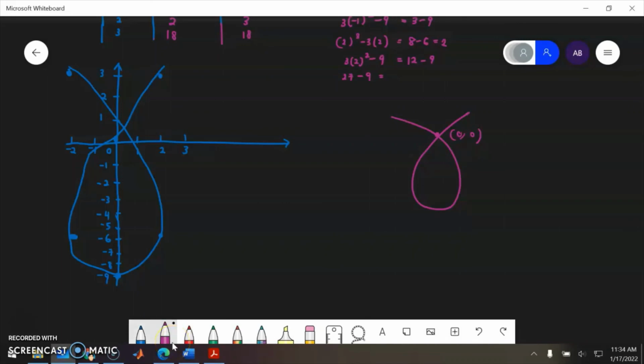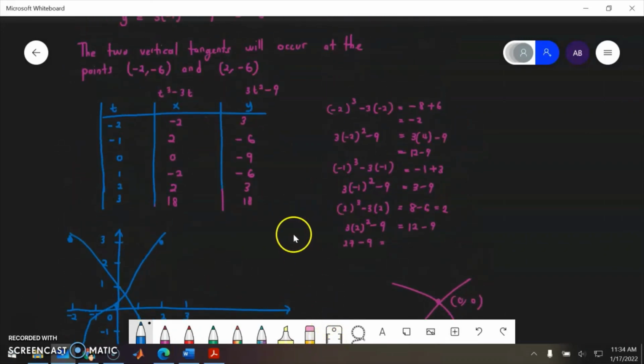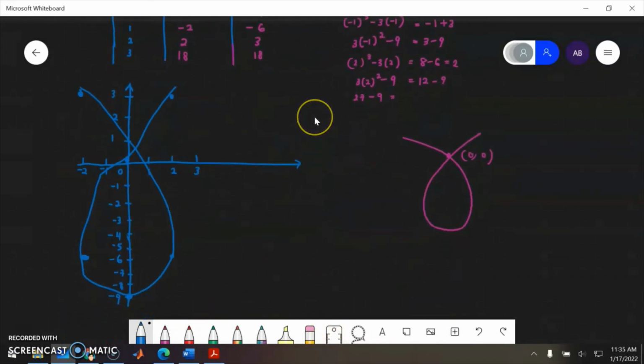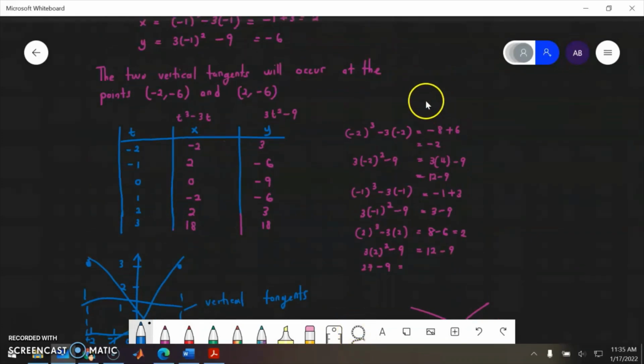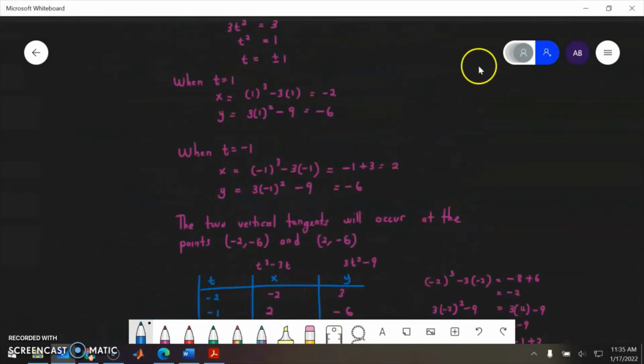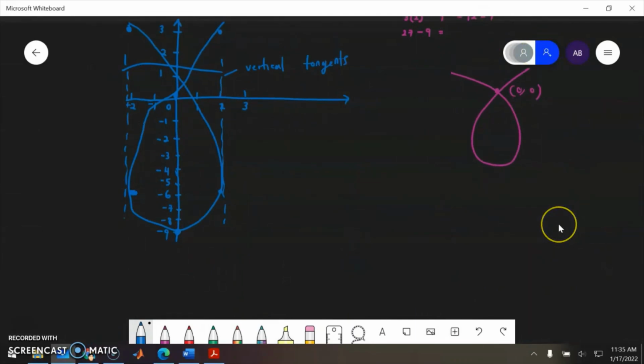Okay, so what we can say here about the coordinate points for the tangent: we have (-2, -6) and (2, -6). These are my vertical tangents. And then my horizontal tangent happens at (0, -9), which is here.